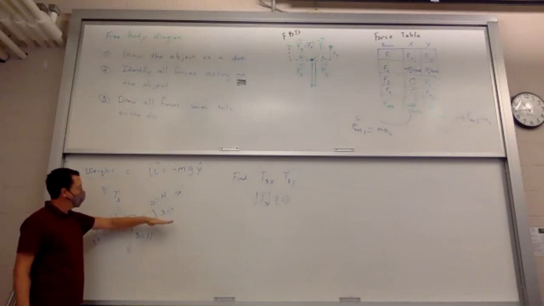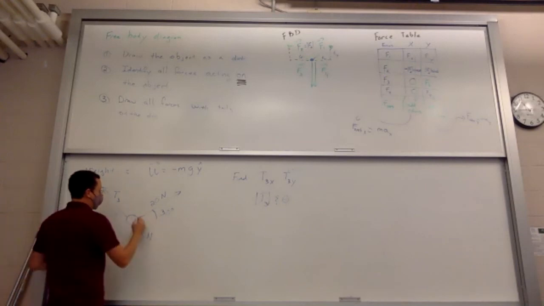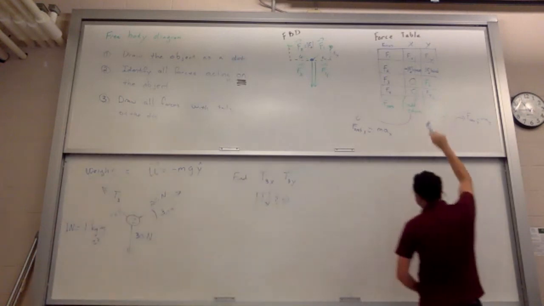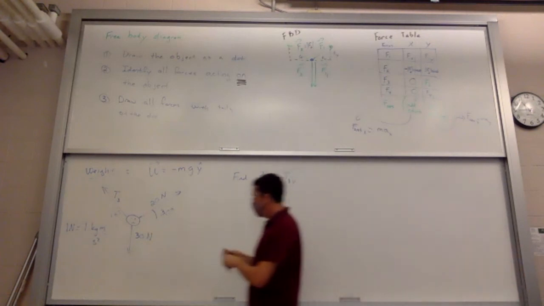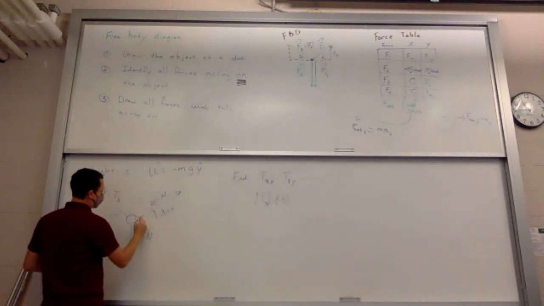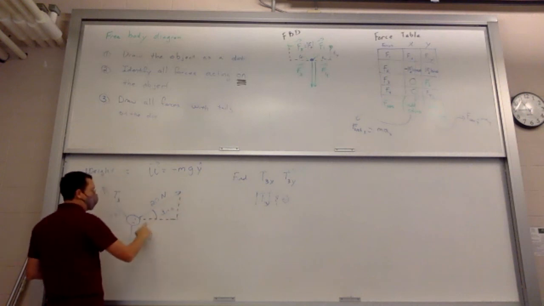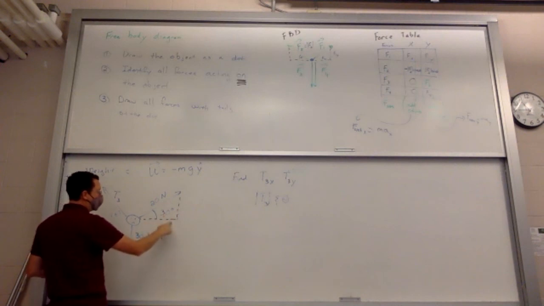But if I work things out vertical and horizontal, I know that to fill in this table, I'm going to need the X and Y components. So I want to think of these as triangles. The adjacent side to this 30-degree angle is the X component.